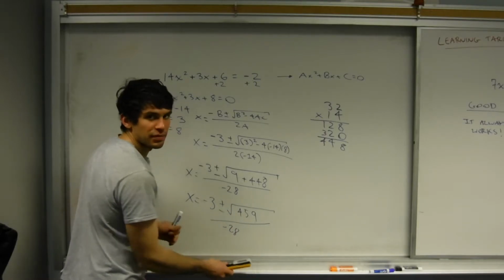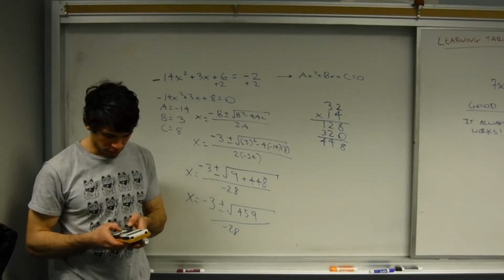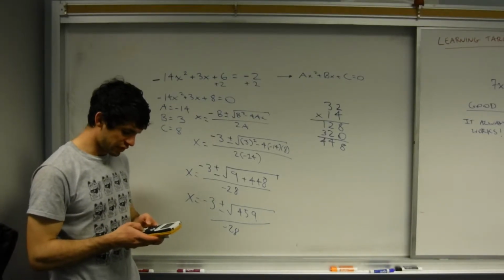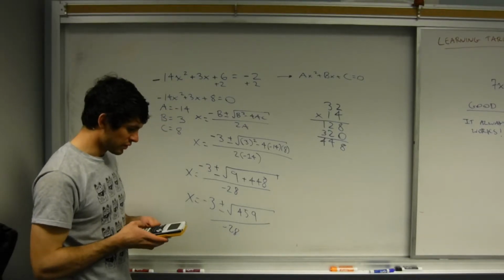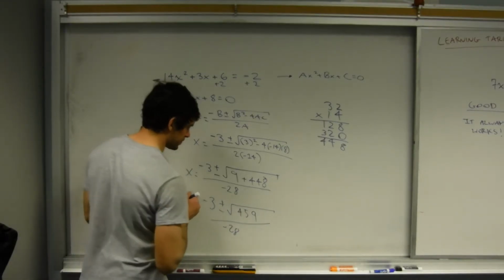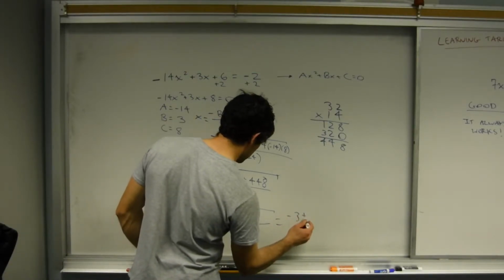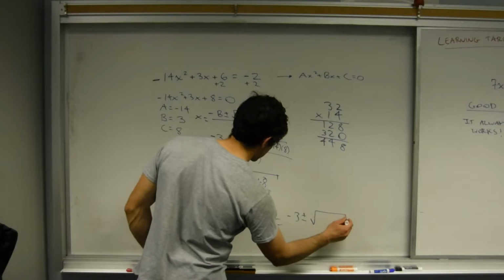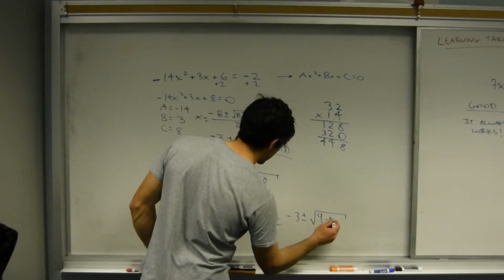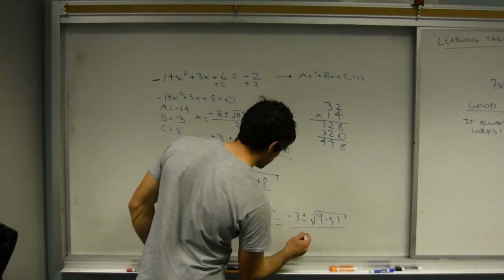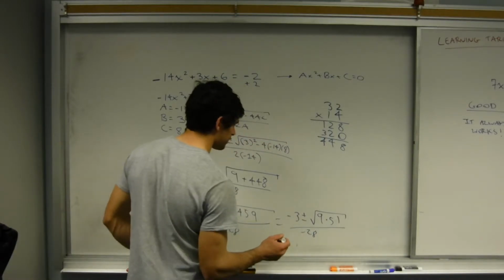I'm going to see if this can be reduced at all. So 459 is equal to 9 times 51. So x is equal to negative 3 plus or minus the square root of 9 times 51, over negative 28.